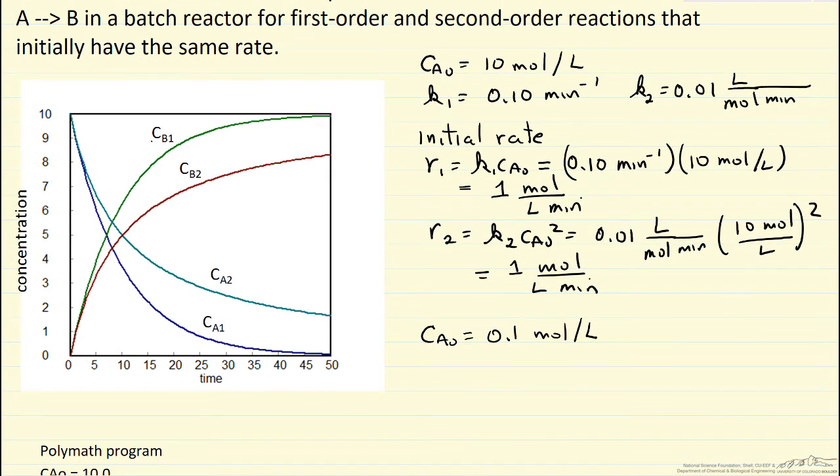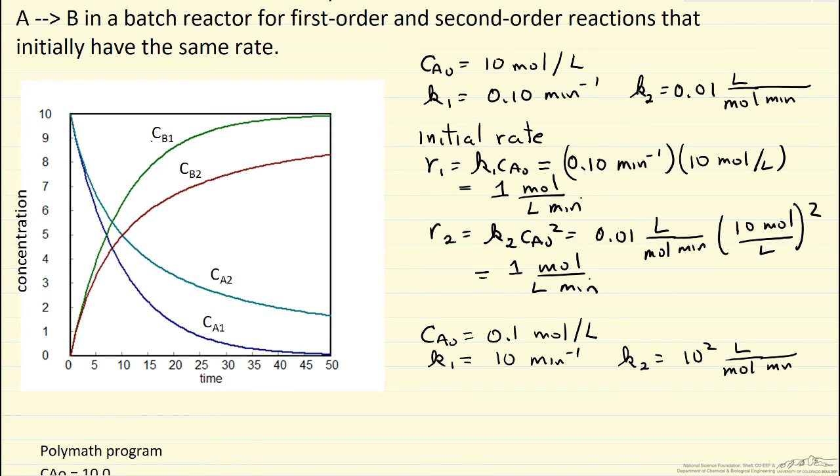If we wanted to compare, and we had a system where the initial concentration is 1/10 of a mole per liter, and again we'll have the initial rate be 1 mole per liter per minute, that means the k1 value is now 10 minutes to the -1, and the k2 value is 10 squared liters per mole per minute.